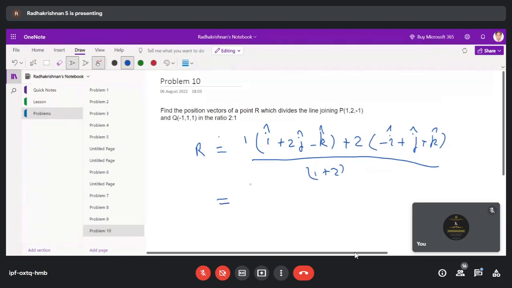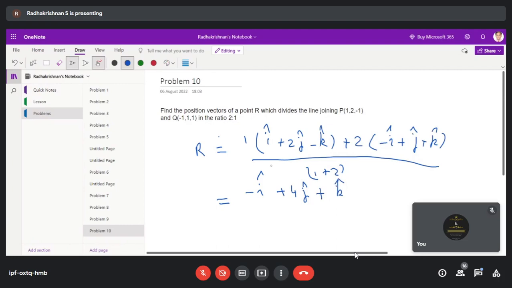That's all. So what is the net i here? 1 i minus 2 i is minus i. Right? Then 2 plus 2, then minus 1 plus 2.